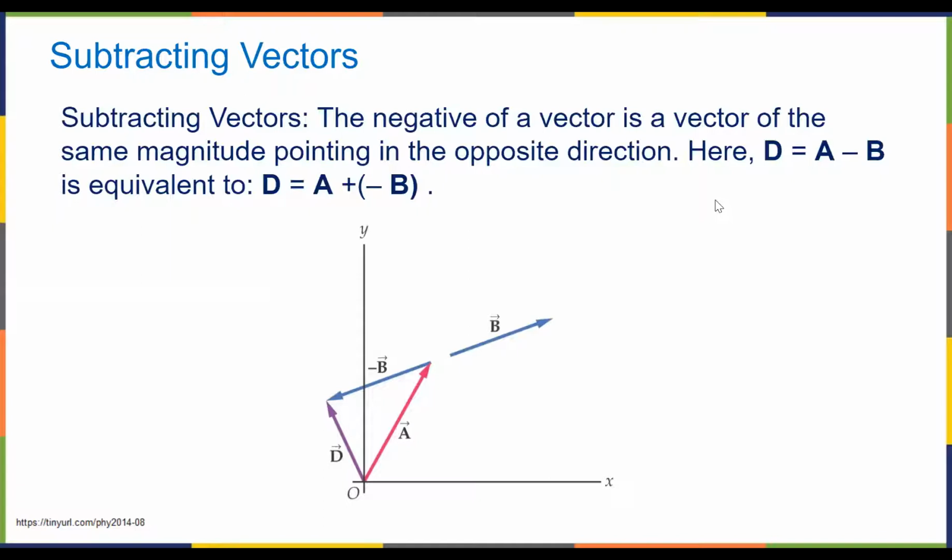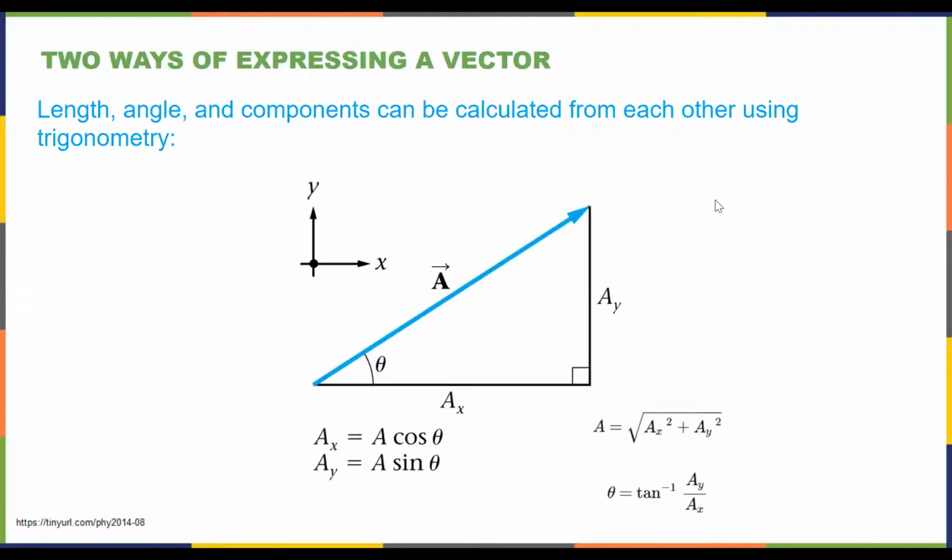You can reverse the direction of the B vector to become negative B. So you are basically doing the addition of two vectors, A plus minus B. Place the tail of the second vector on the head of the first vector, and the resultant vector starts from the tail of the first and points to the head of the second. So this is how you do addition or subtraction of vectors graphically.